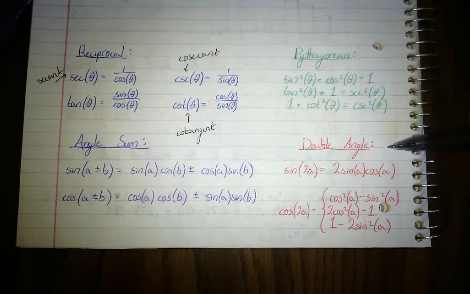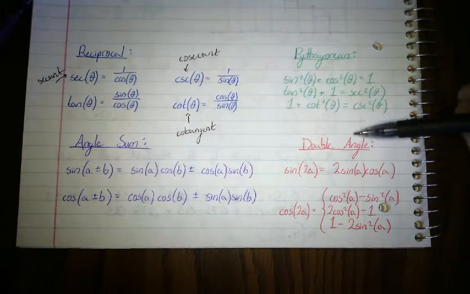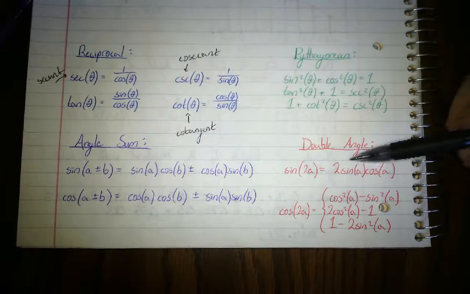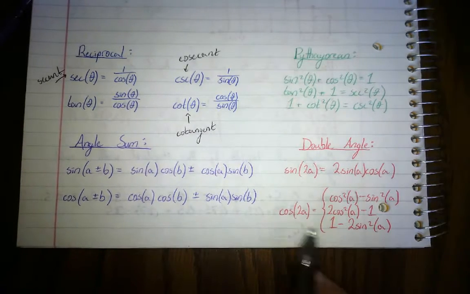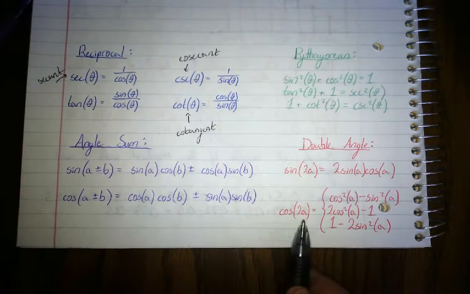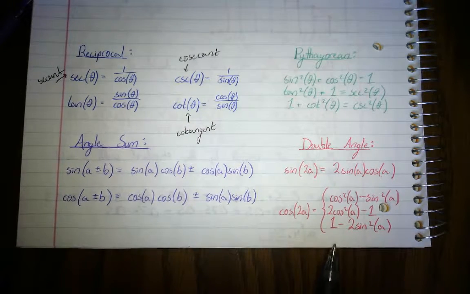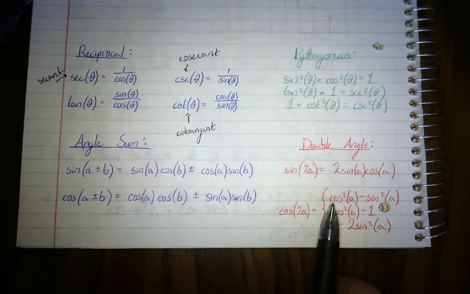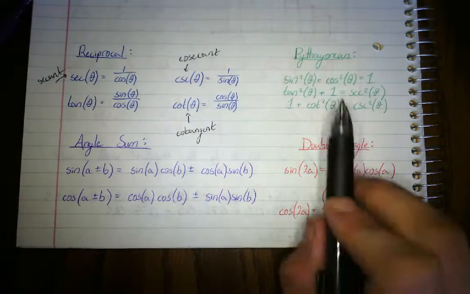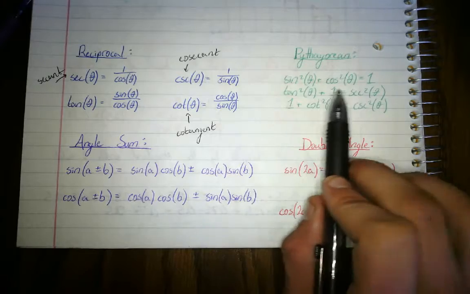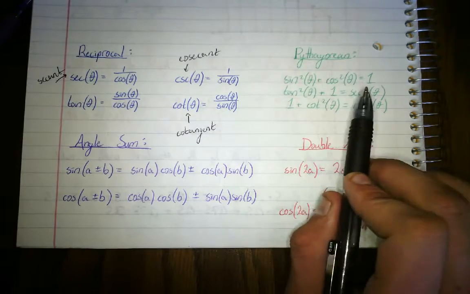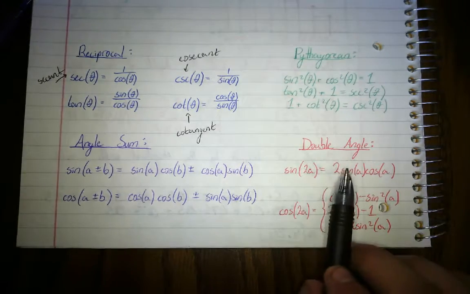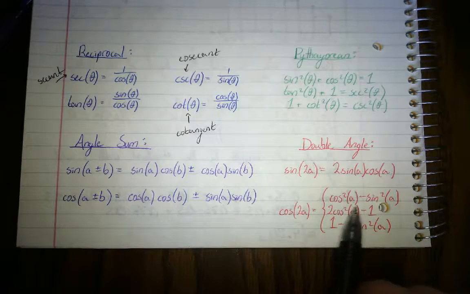Double angle is just saying if you have twice the angle and you want to show it as maybe half of it, you can expand sine of 2a to 2 sine of a cosine of a. You can also expand out cosine of 2a. This one has 3 different representations, and the first is the most used one. But if you put the Pythagorean trig identity into either of these, that's how you get these values right here.